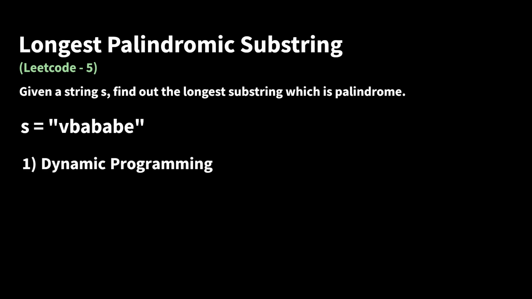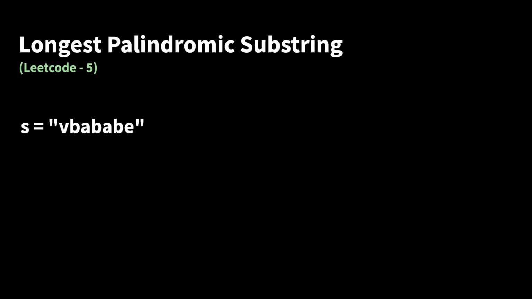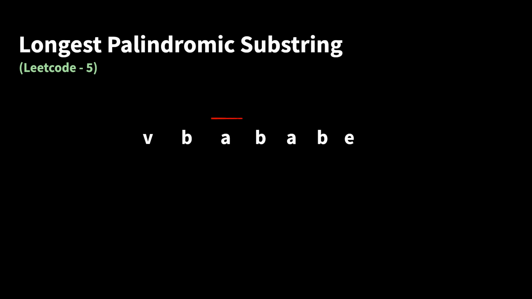From this example, let me just break it into characters here. If you observe, each character is a substring of length 1, and if you reverse this substring, it will come out to be the same.